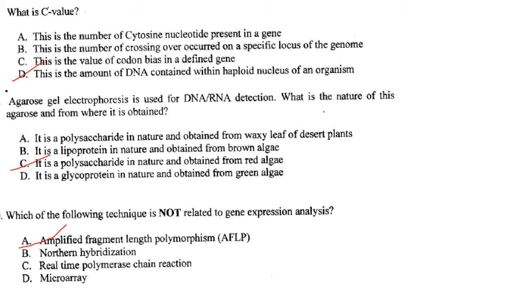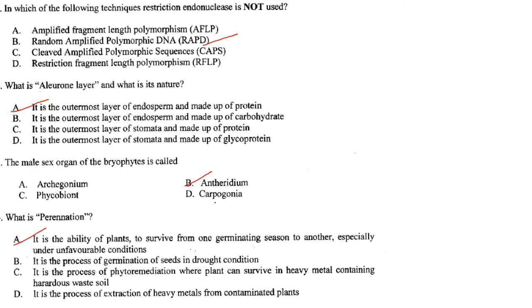Northern blot is related, real-time PCR is involved and microarray is also involved in gene expression analysis. And next one, in which of the following techniques is restriction endonuclease not used? So it is random amplified polymorphic DNA or RAPD. Restriction endonucleases are not used.